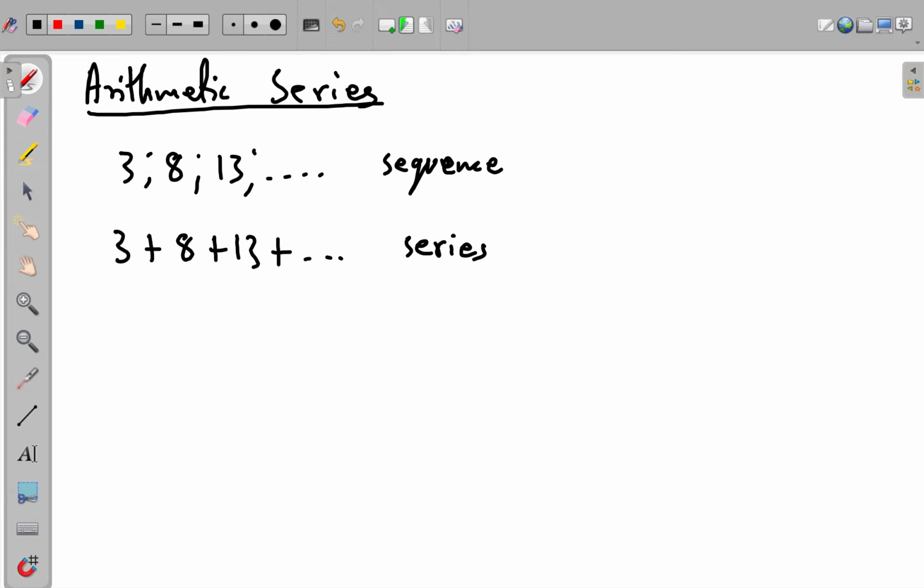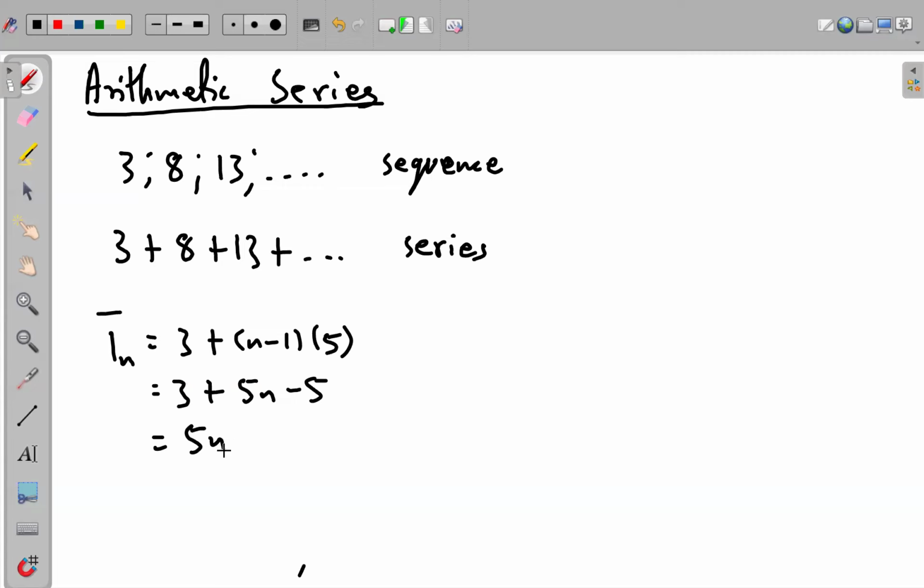The principles are the same though, in terms of finding the general formula for this particular series or sequence. So of course, this is arithmetic. You will notice that there is a constant difference of 5, for example. So we're not gonna throw away the formula for finding the general term, 3 + (n - 1) × d, which is 3 + 5n - 5.